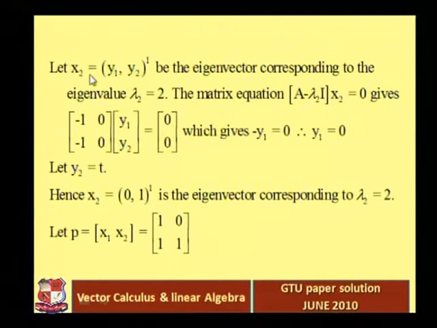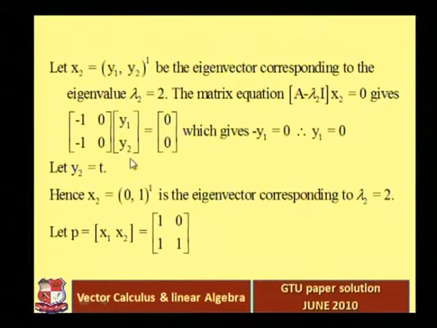Let [y1 y2] be the eigenvector corresponding to eigenvalue lambda 2 equal to 2, and the matrix equation (A minus lambda 2 I) x2 = 0 gives the matrix [-1 0; -1 0] times [y1 y2] equals [0 0]. Now from this equation you will get minus y1 equals 0, that means y1 equals 0.